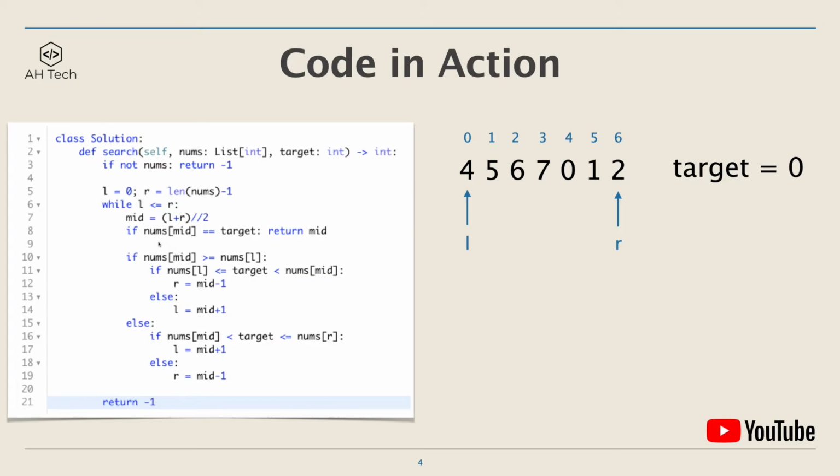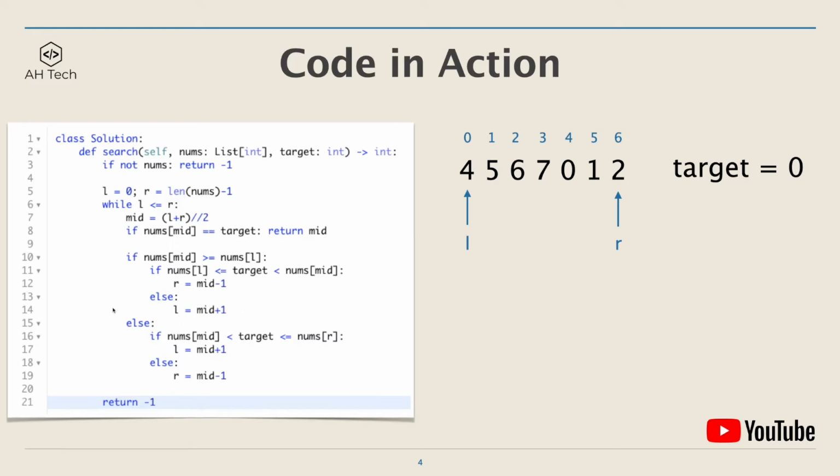But if nums mid is bigger or equal to nums left, which means that the left half of the array is sorted, then we will further check that if target is within the range of the left half of the sorted array. If it is, then we will update the right pointer to mid -1. Otherwise, update the left pointer to mid +1.